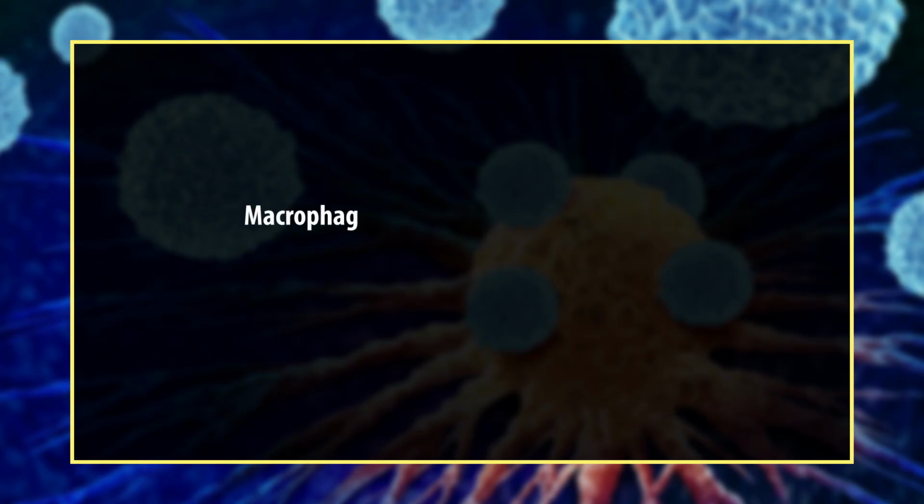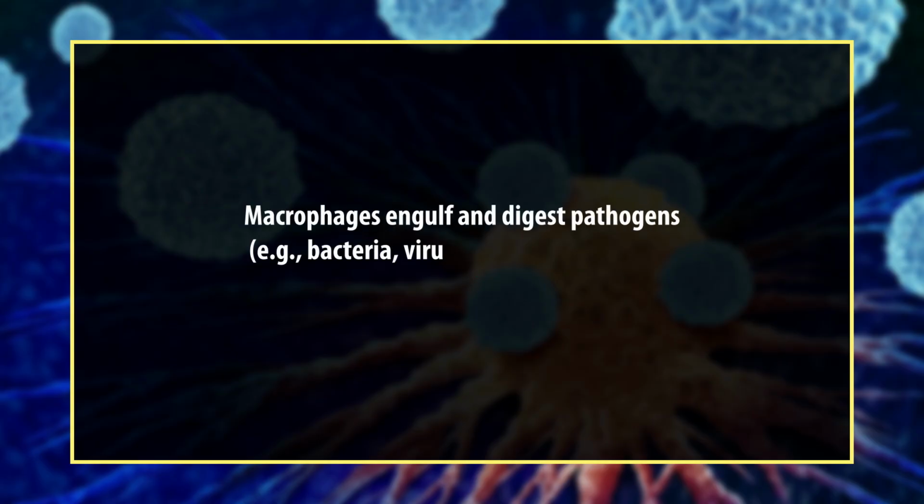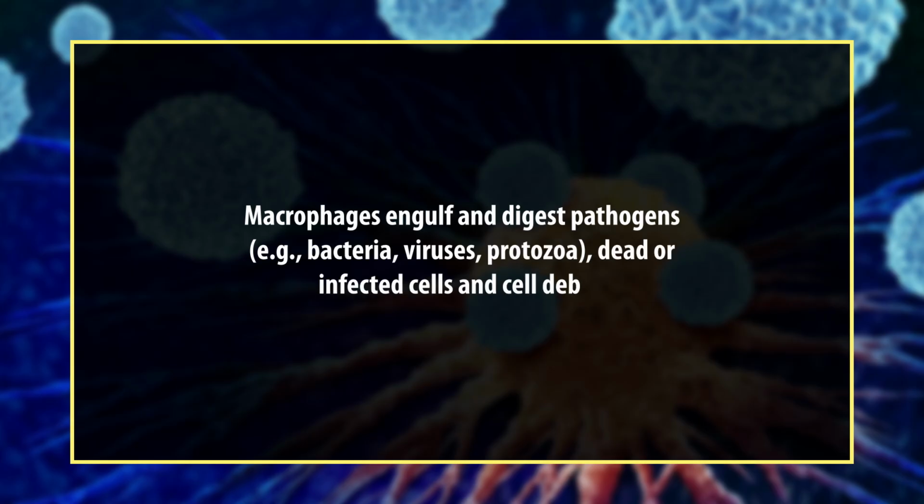Phagocytosis: macrophages engulf and digest pathogens like bacteria, viruses, protozoa, dead or infected cells and cell debris. This occurs via pattern recognition receptors, or the PRRs, that recognize the pathogen associated molecular patterns, PAMPs.